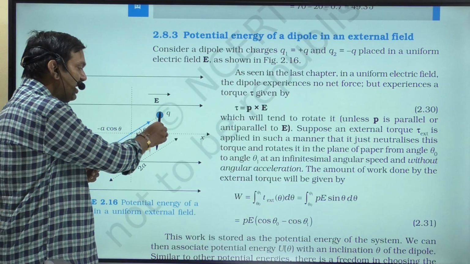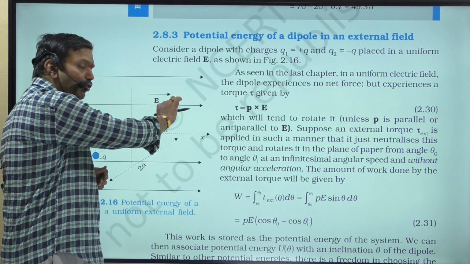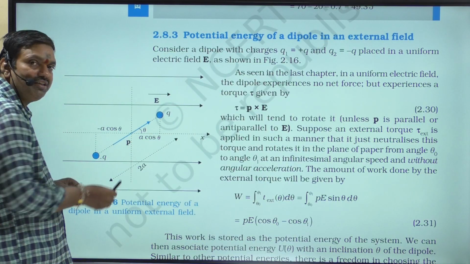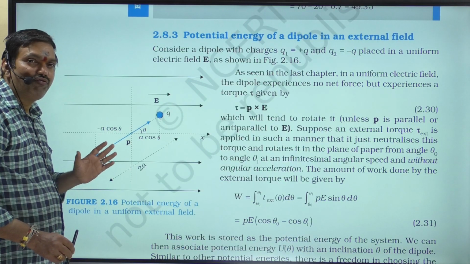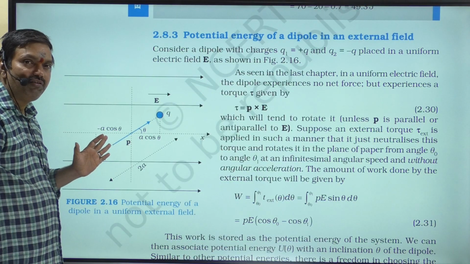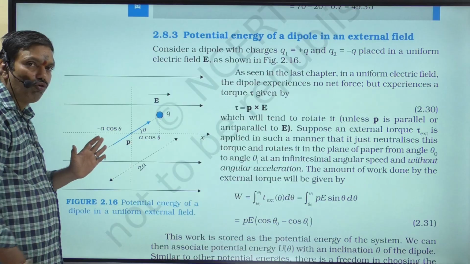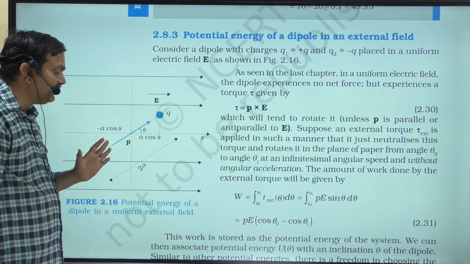So a force F is equal to QE is acting in this direction and F is equal to minus QE is acting in the opposite direction. Because the magnitude is the same, their net force is zero. When you consider the free body diagram, the resultant force is zero. Absolutely there will not be any net force on the dipole.